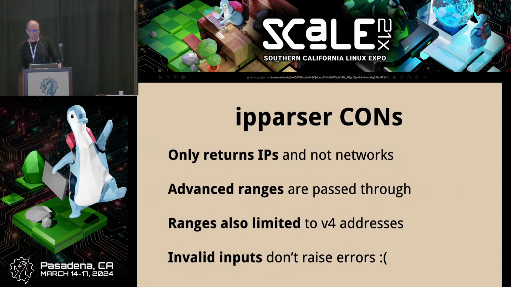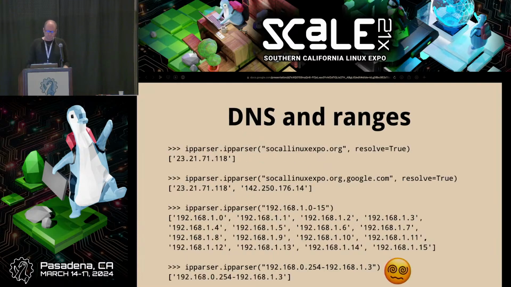IP parser cannot. Further, I was not able to get IP parser to raise any errors. If there's something that it can't parse, it just passes it right through, which again might be a time saver for you depending on your use case. If you don't want to deal with error handling, IP parser just passes it right through.